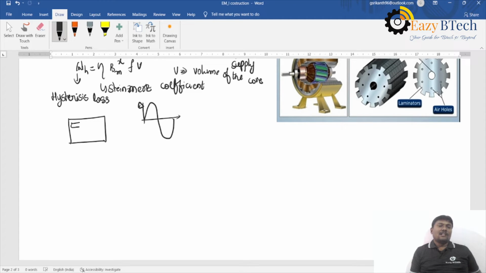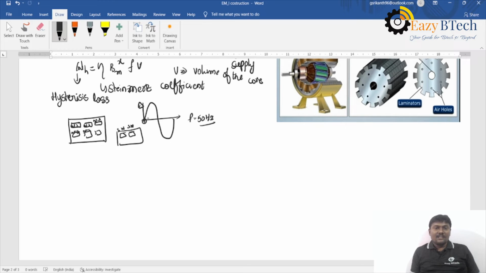If you take a core material, during the positive half cycle the orientation of the molecules is like this. During the negative half cycle, the orientation of the molecules will be in the opposite direction.